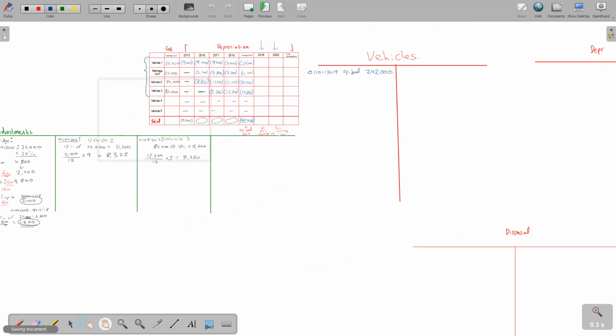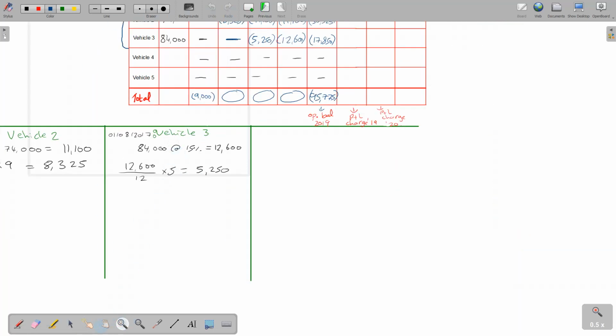So as I said, we'll just use this one as our vehicle. Vehicle number 3, so on the 1st of the 6th, 2019.